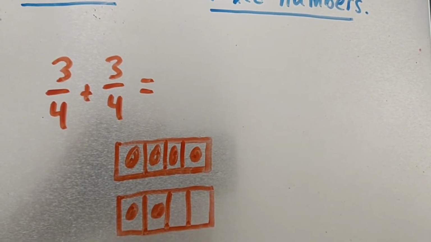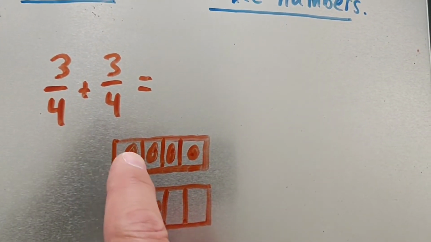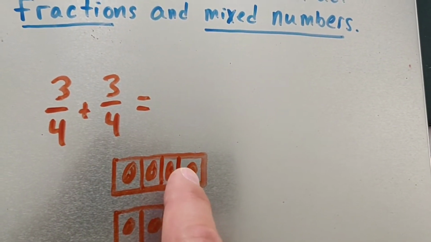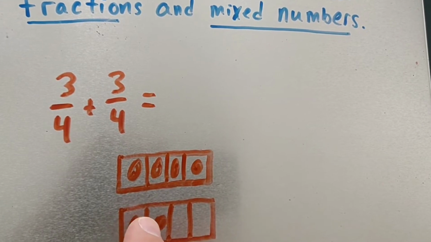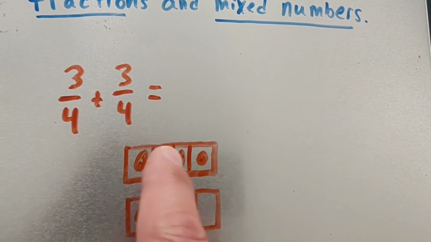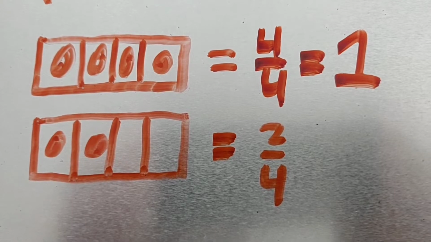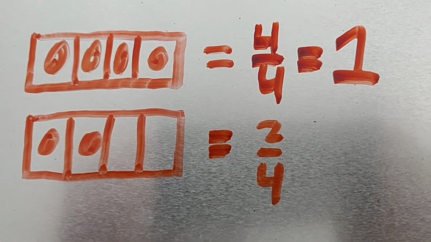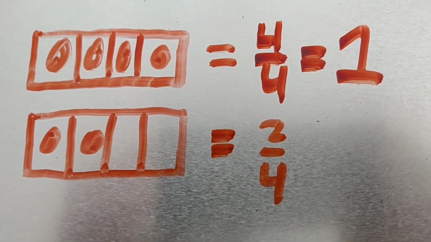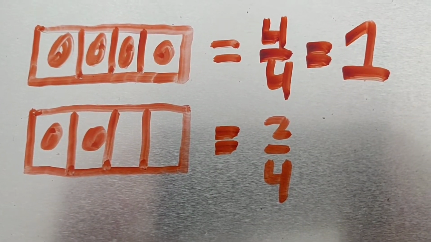So instead what you want to do is you want to fill in the first 3/4, 1, 2, 3. Then we go to add the next 3/4. We want to add 1/4, 2/4, 3/4 without leaving any blanks in that first model. Because when we do it that way, we can still express the sum as 6/4, or 4/4 plus 2/4, or we can express the sum as 1 and 2/4.